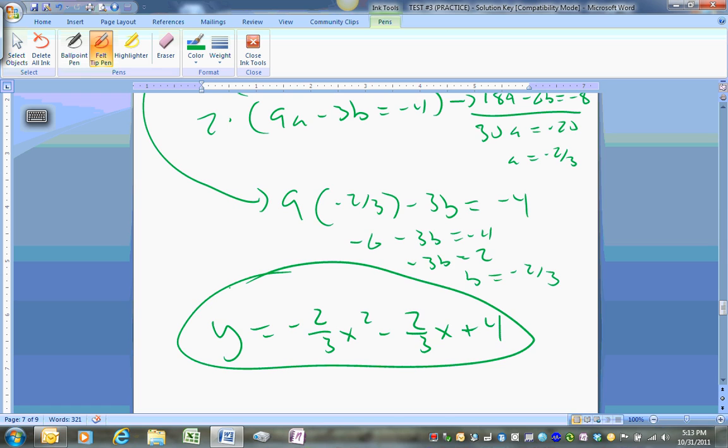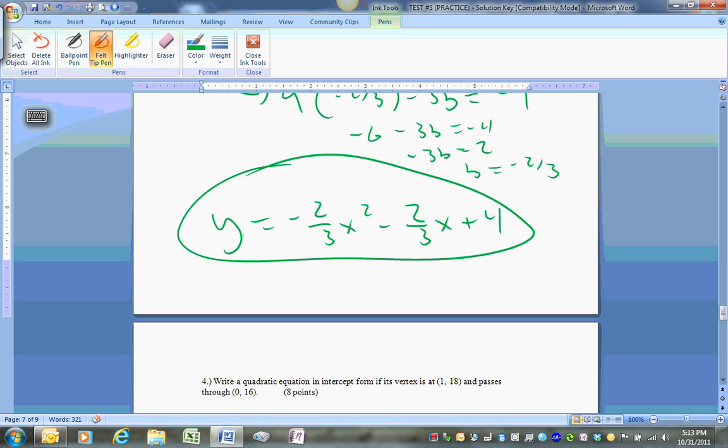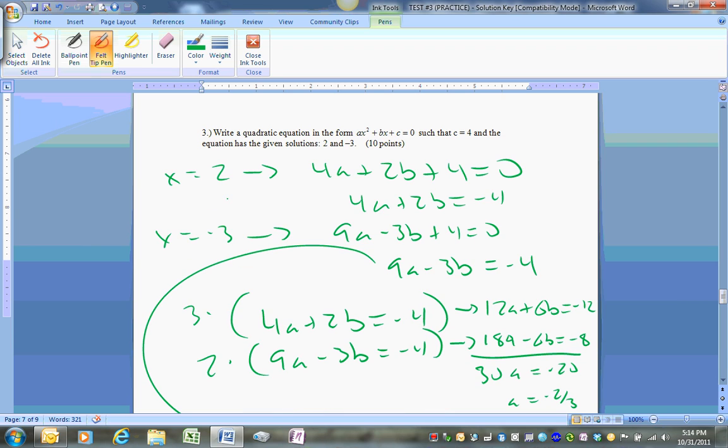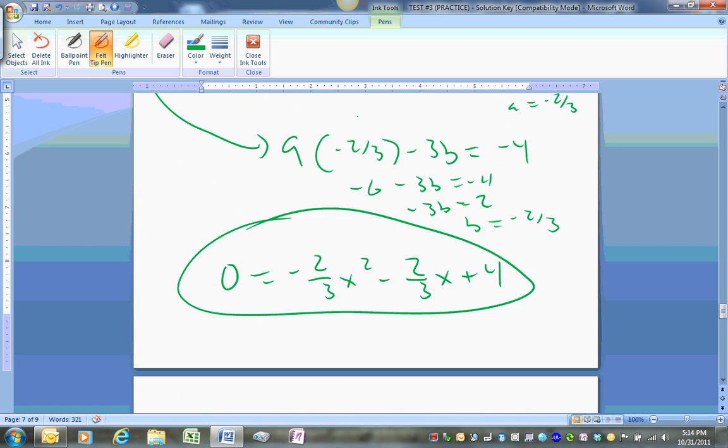You can always check your answer. And sorry, I didn't even say equals 0. Because we have the solutions, we have to use 0 as the other side. My apologies. Yeah, because it had to be of that form. You can always check your work by quad forming it.